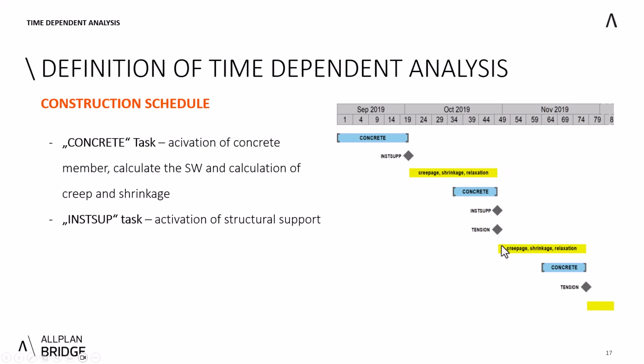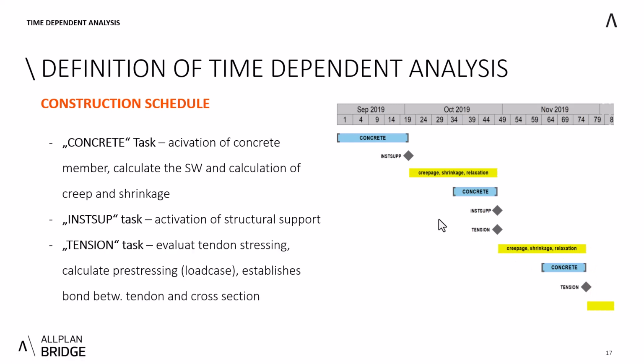And then again, we start calculating the creep, shrinkage, relaxation, and again, we have a change in the structural system, and so on and so on. We will see all these different results also then live, and we will see how they are basically generated phase by phase.